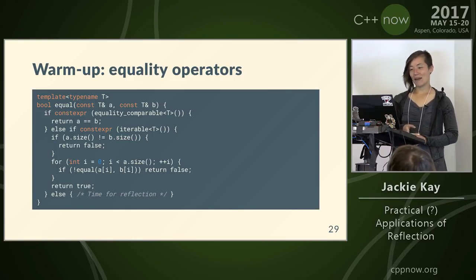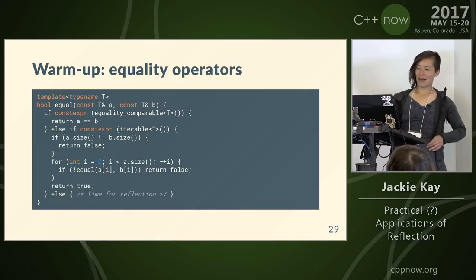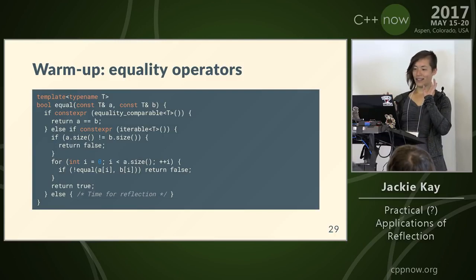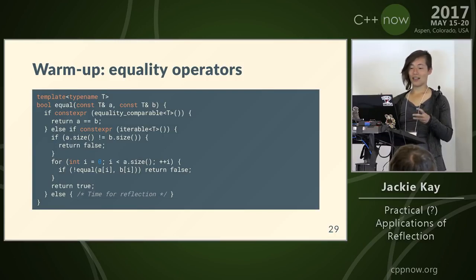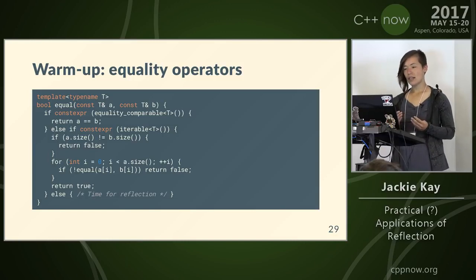But I have a type T, and I have a TA and a TB, and I want to determine if they're equal values, not if they're the same, not if they point to the same address in memory, but if they're record types and all of their sub members compare to be equal.